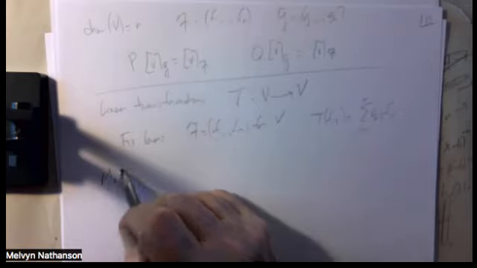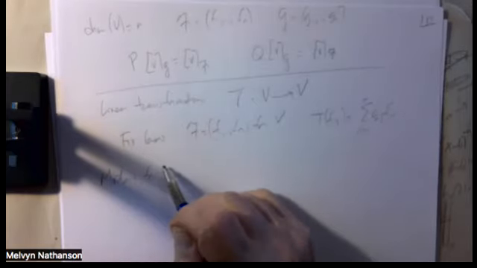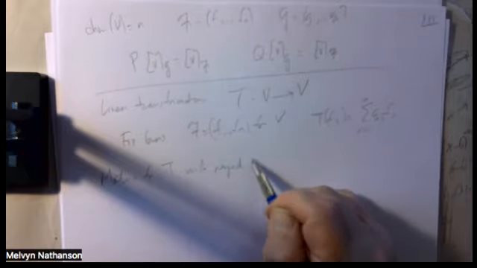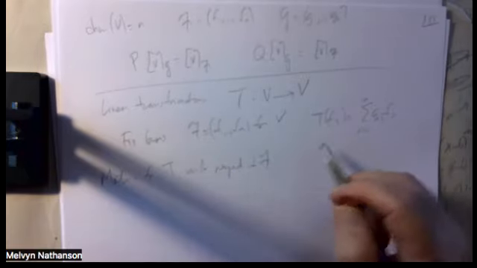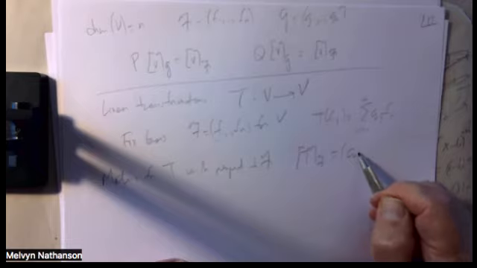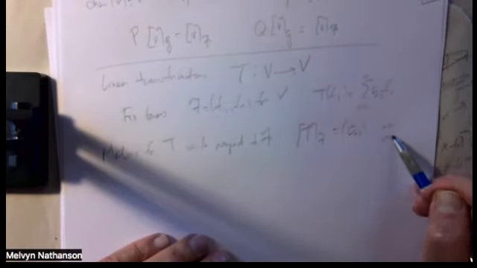And we have the matrix for T with respect to the basis F. I write T with respect to F. This is the matrix A_ij. This is the n by n matrix.